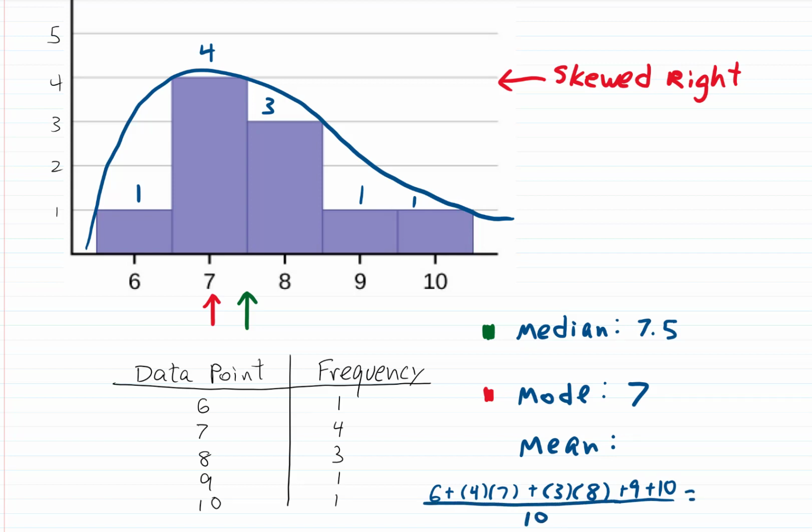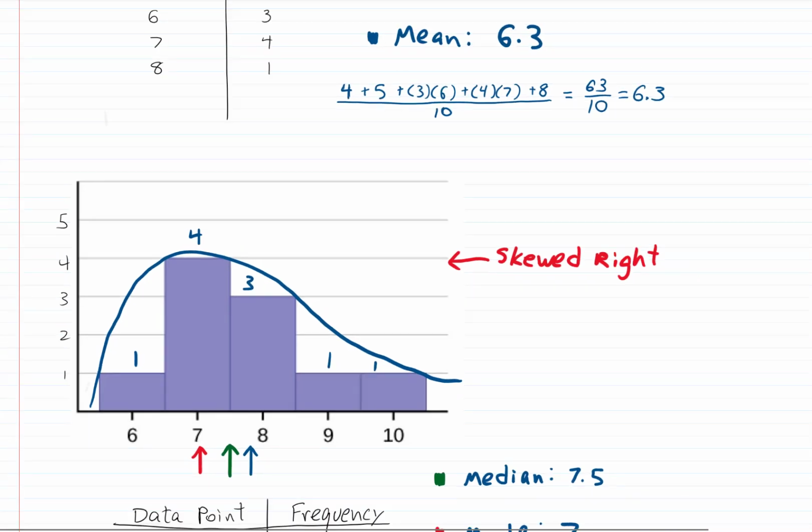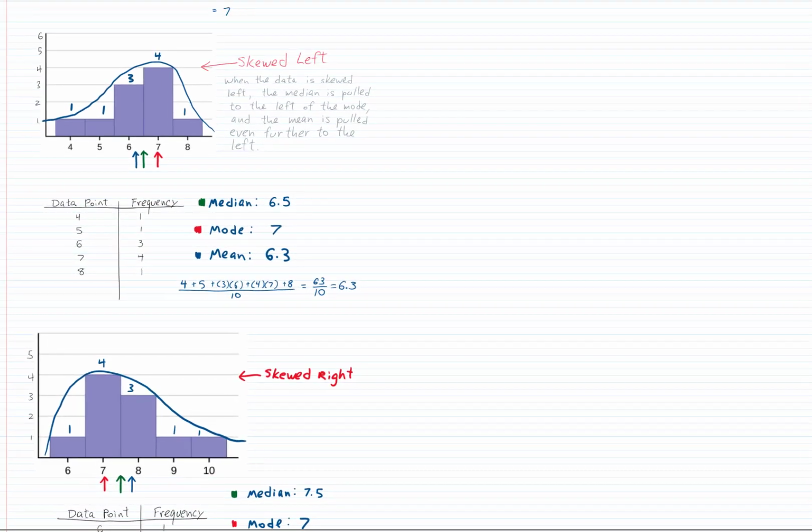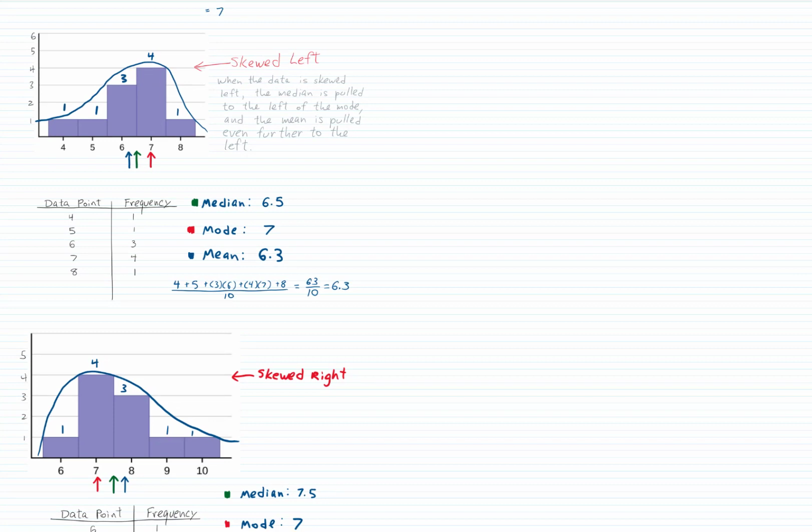So that adds up to, on the top, 77. And when we divide that by 10, we get 7.7. That's our mean. Let's put that in the picture. That would be right about here. Look, it's exactly the opposite situation of this one above us here. You see that?